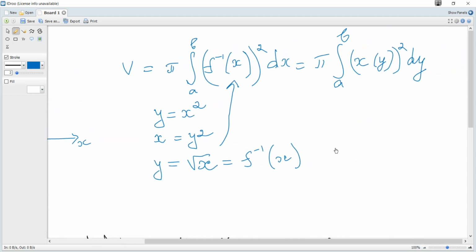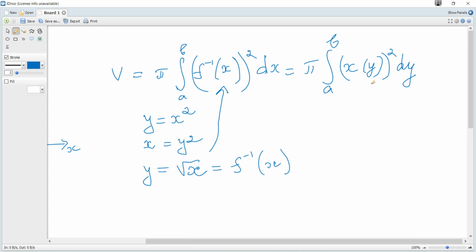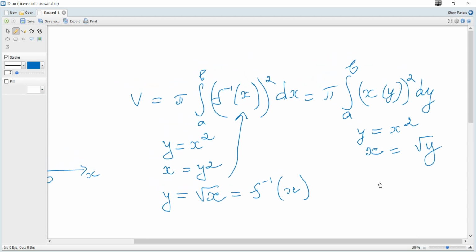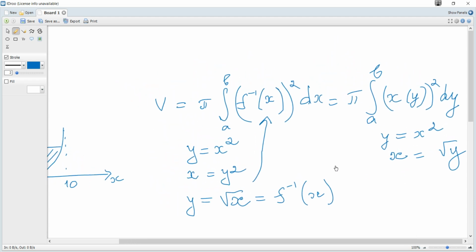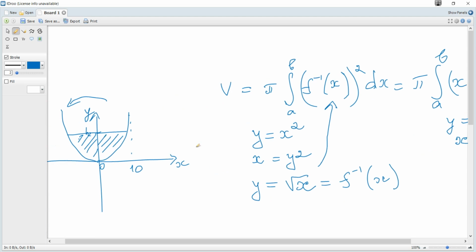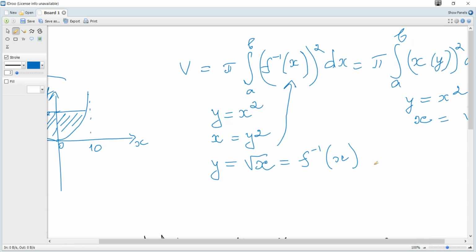And when you use this, what does it mean? It means we need just solve for x. So x becomes again plus minus root of y, but we choose plus because x is positive.